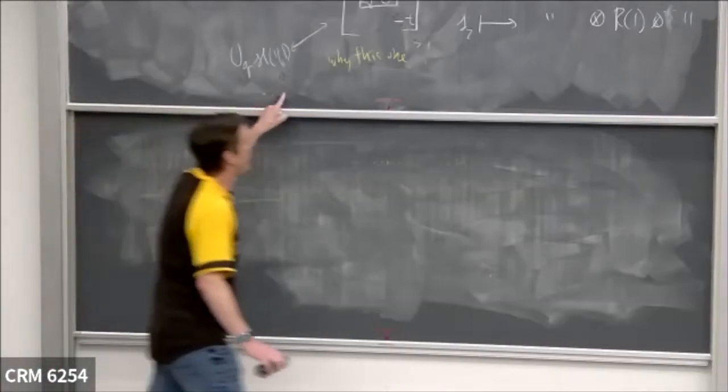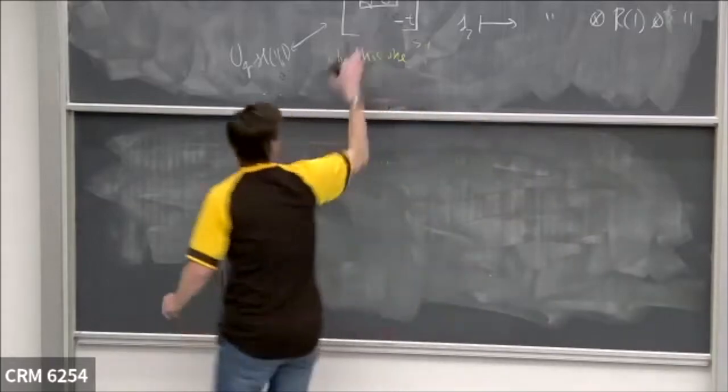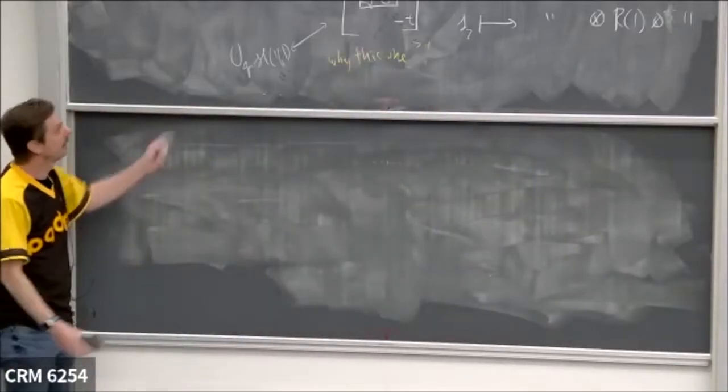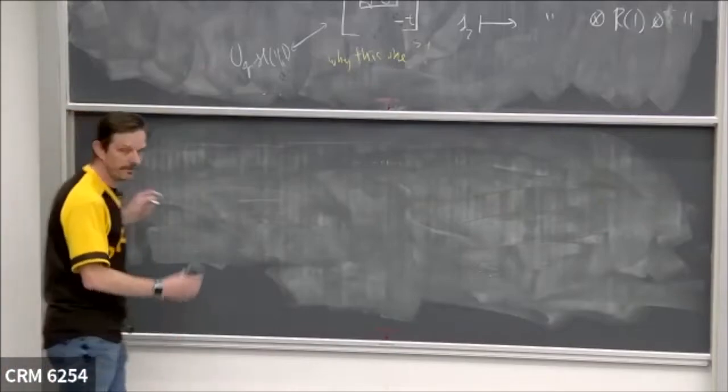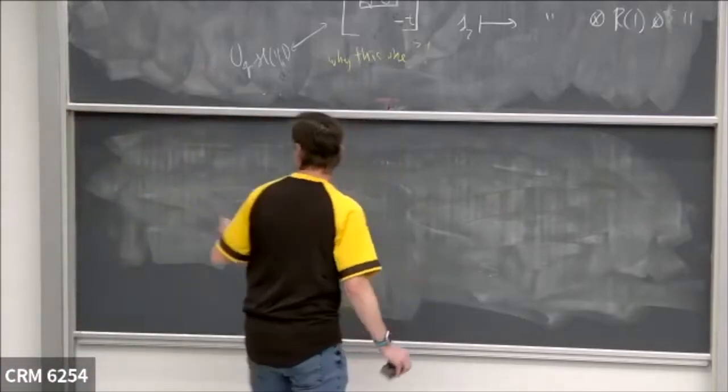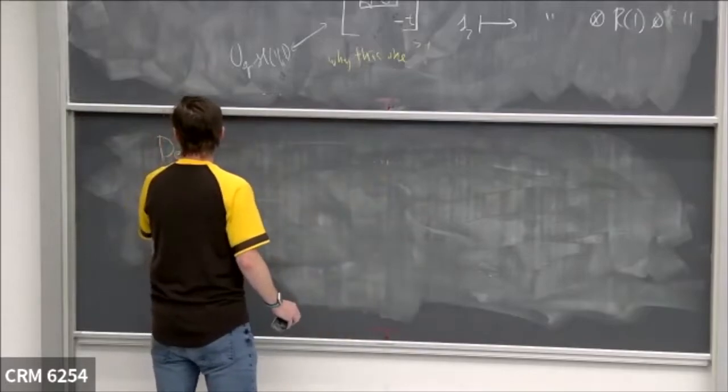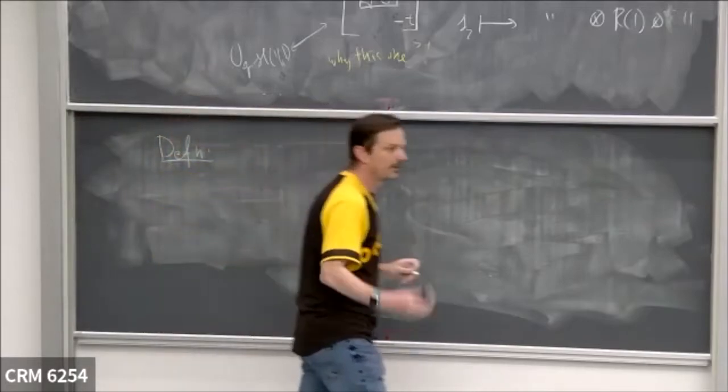All right, so why this one? Well, this one has a particularly interesting property, hence the second part of the title. This one is so-called charge conserving. Let me define what charge conserving is. I'm going to define it just for two copies of a vector space.